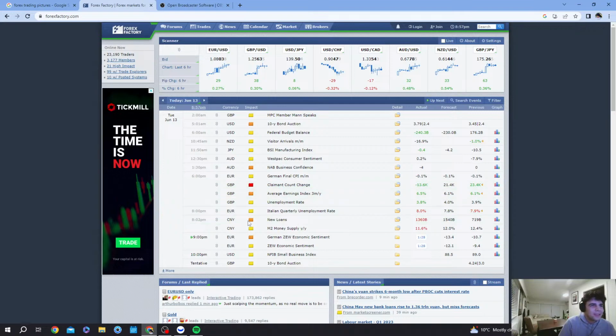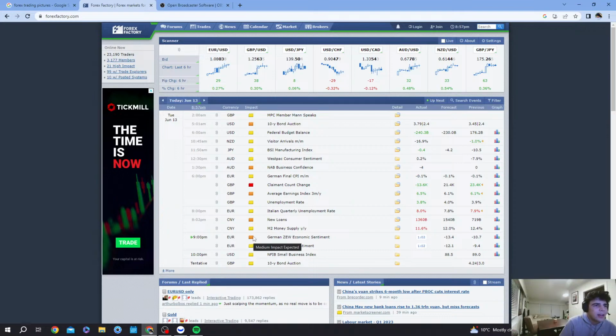Just for instance, the new loans came in at 1360 billion and the forecast was 1.154 billion. Orange folder means it's still valid, but it's probably not going to move the markets crazy.